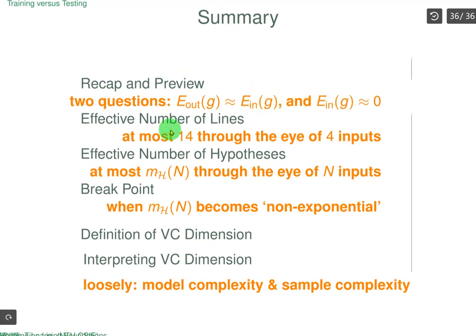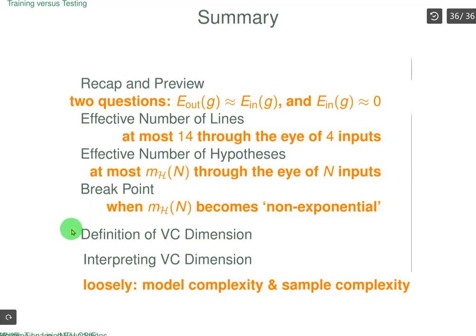And we introduced the effective number of lines or hypotheses, which we have seen through the eye of inputs, grouped by kind. Later we introduced the so-called growth function and the breakpoint.